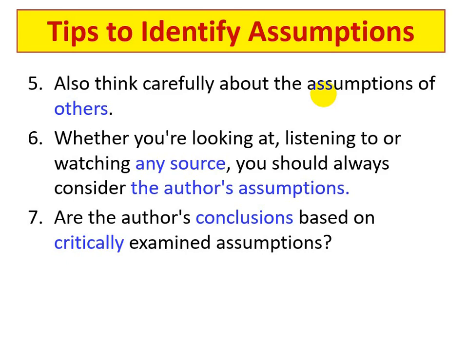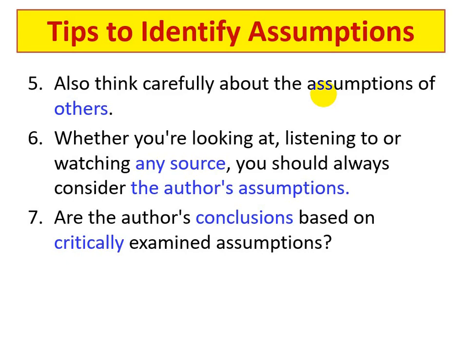Number six, whether you are looking at, listening to, or watching any source, I mean any source of information, we should always consider the author's assumption because, as we will deal with afterwards, there are many types of assumption. There are explicit assumptions and implicit or implied assumptions, and background assumptions.